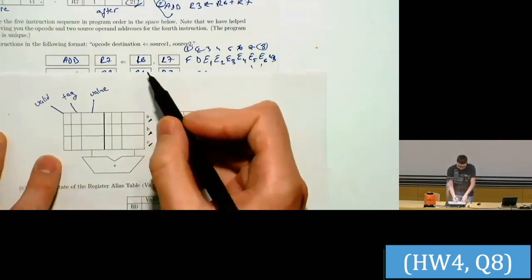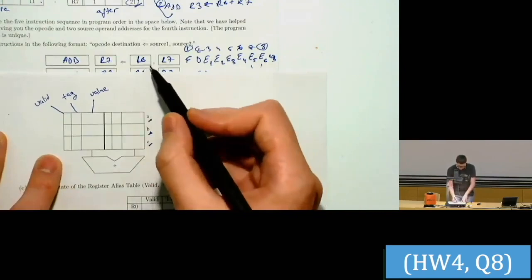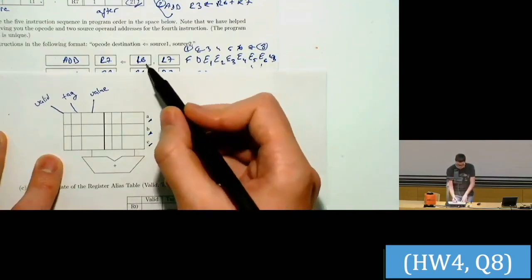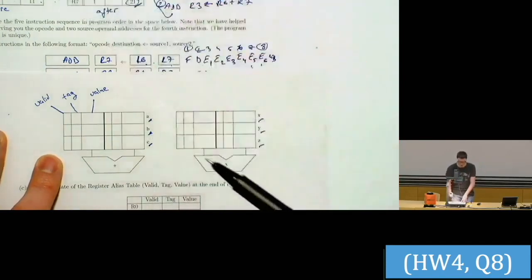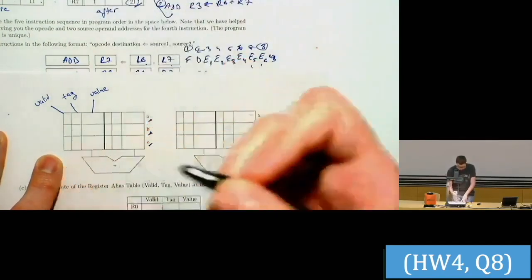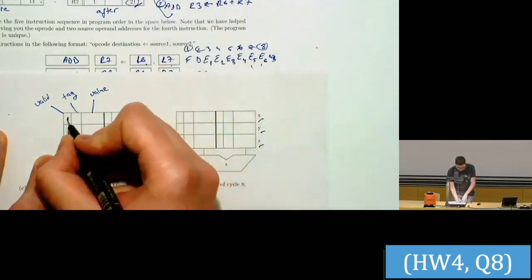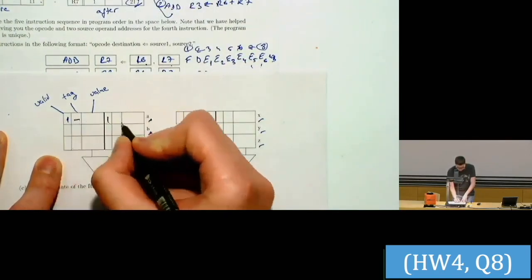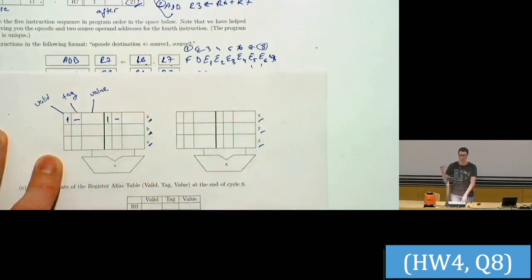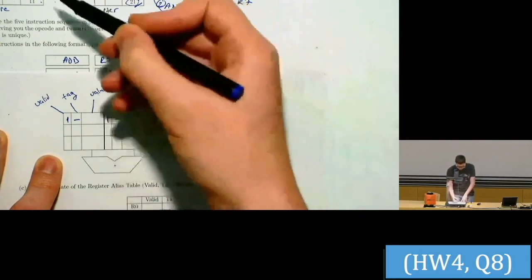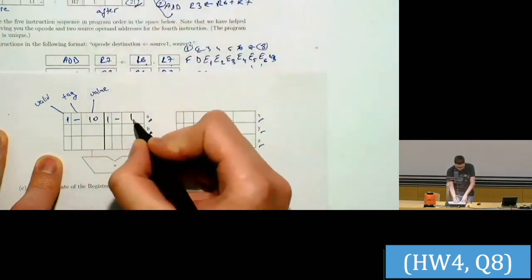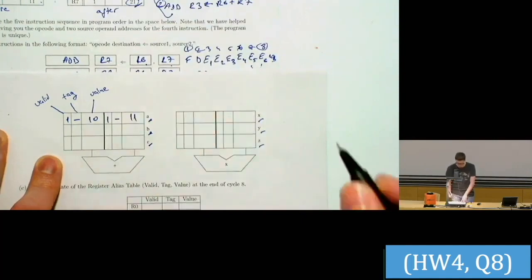Okay, so for the first instruction, we have the up-to-date versions of R6 and R7 in the register file, right? So for those two source operands, the valid bit is 1. We don't have any tag because we are not waiting for the result to come from another reservation station entry, and we have the values we can just look up from the register file, 10 and 11. So 10 for R6, 11 for R7.